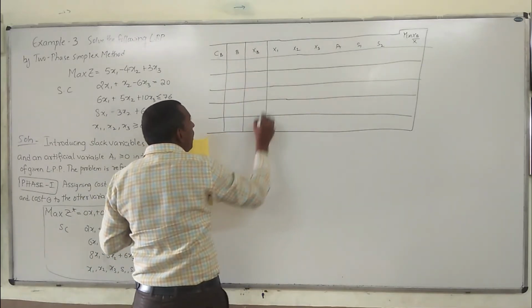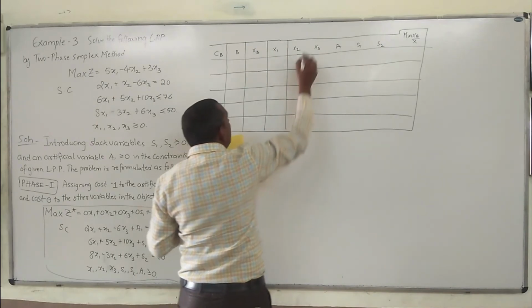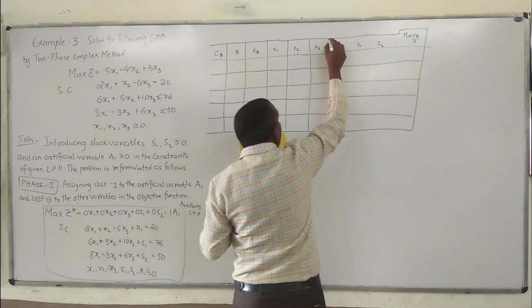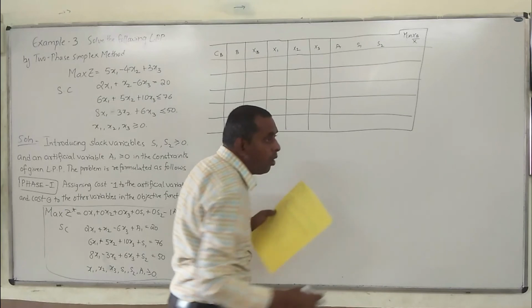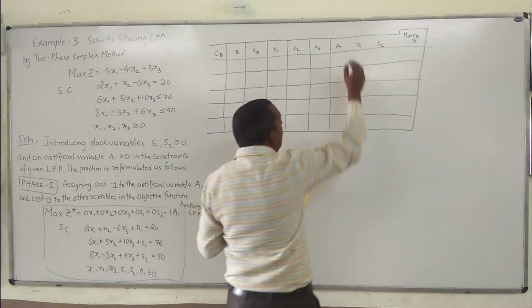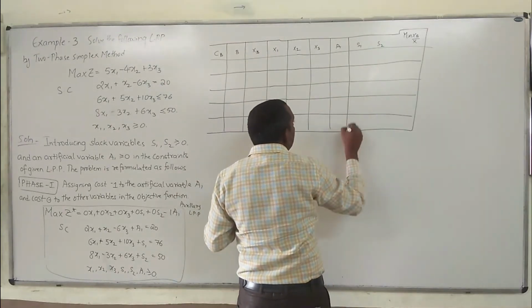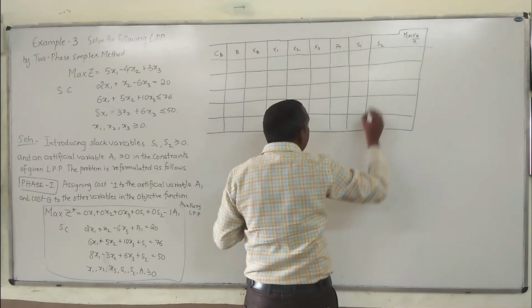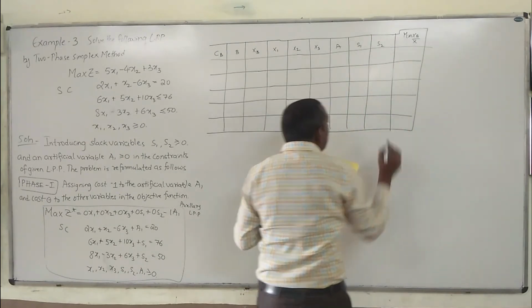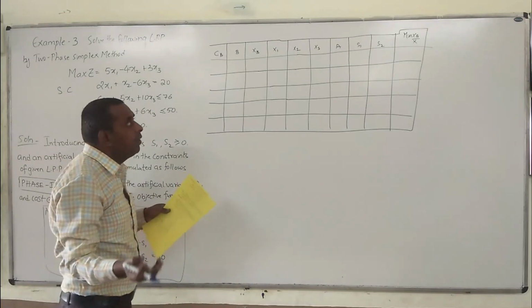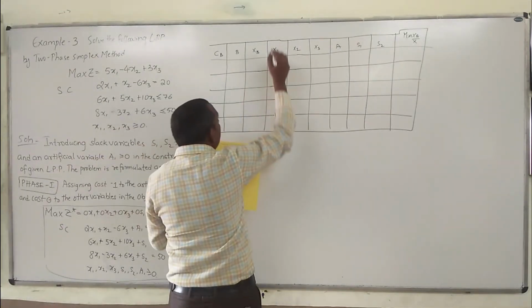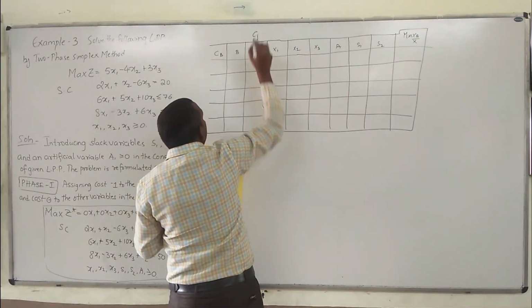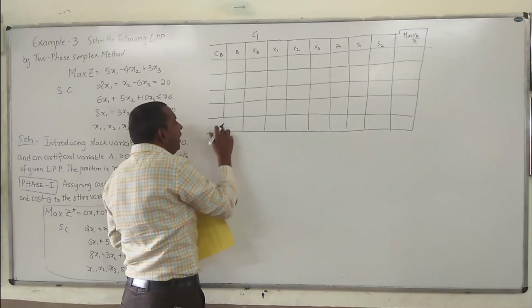Better always draw big tables so that you can write the values correctly. Otherwise, if the table is small, you have to write very small letters, and it will be confusing when shifting from one simplex table to another. So let me write the values.